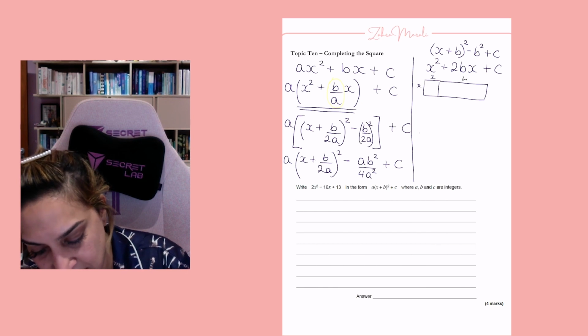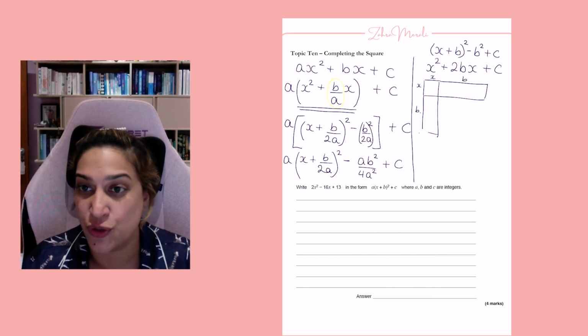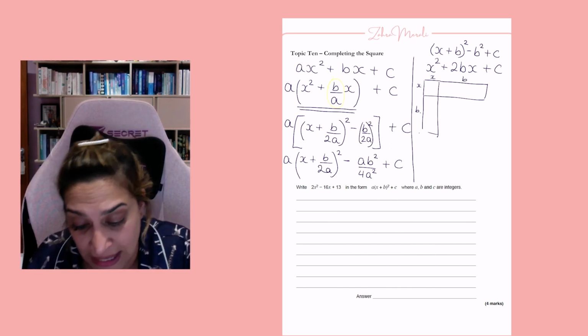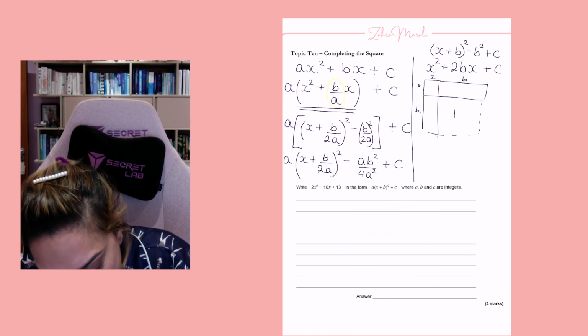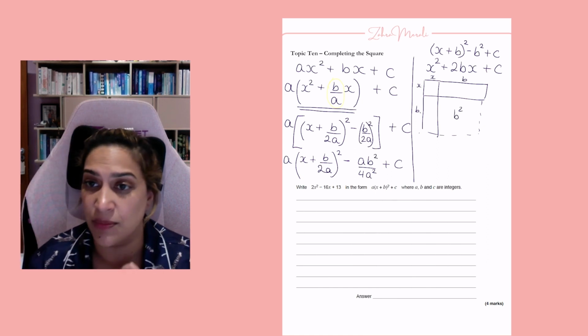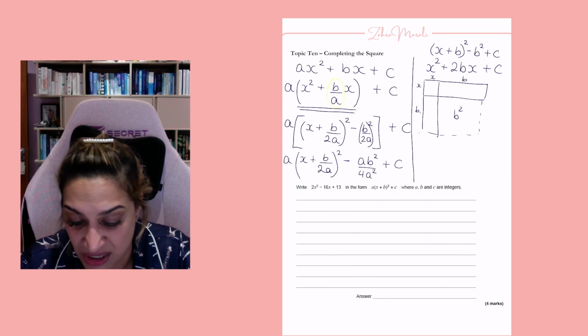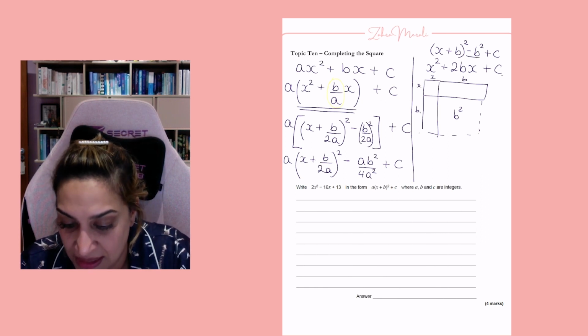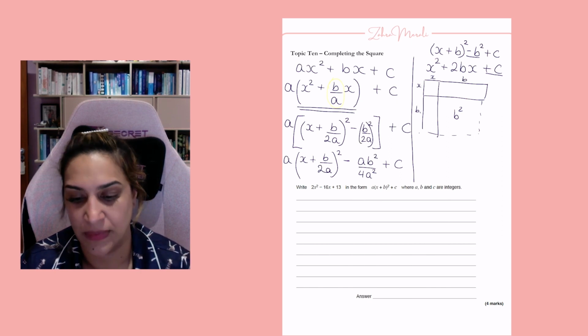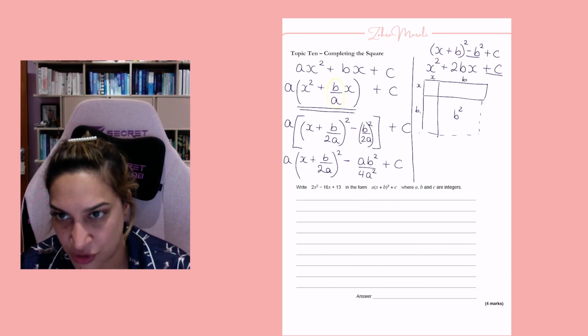X is already there, so that's x by b, and that's x by b. Now to make that into a perfect square, I've got this extra b times b to give me b squared. But I don't want it because that's not part of my equation. So that's why I take it away and I add what's left there. Okay, don't worry about it too much.